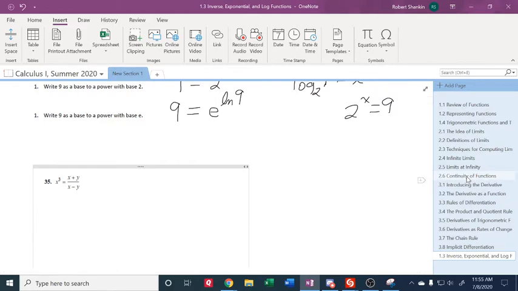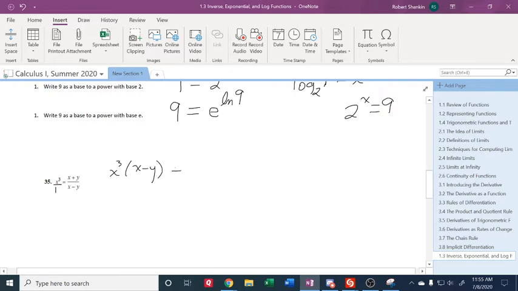All right, now this one, I would try to solve it for y if I could, but it's not going to be easy. The first thing I might do is cross multiply. So x cubed times x minus y is the same as x plus y.